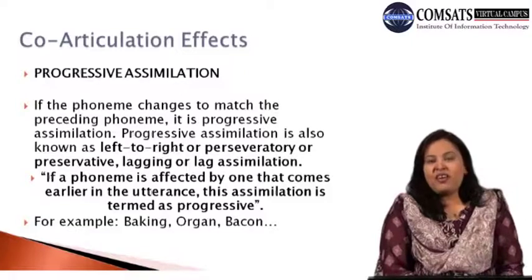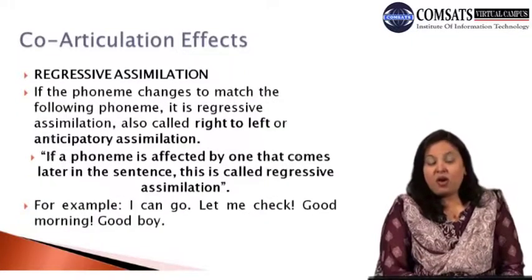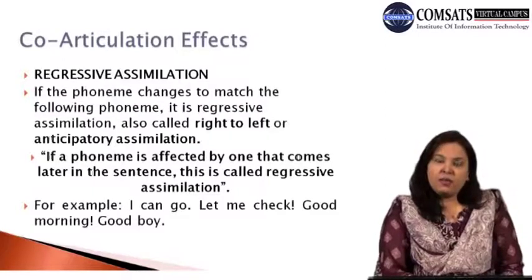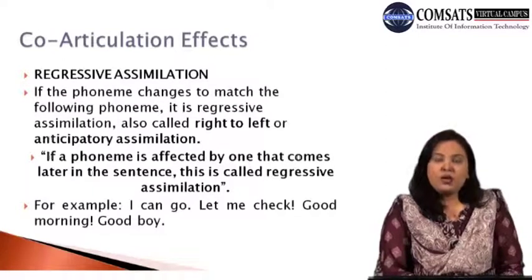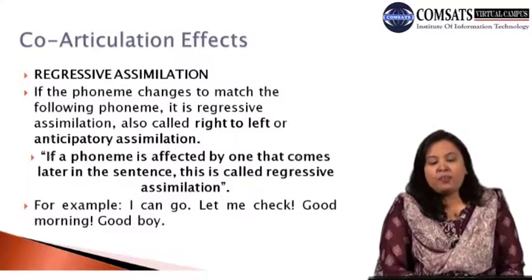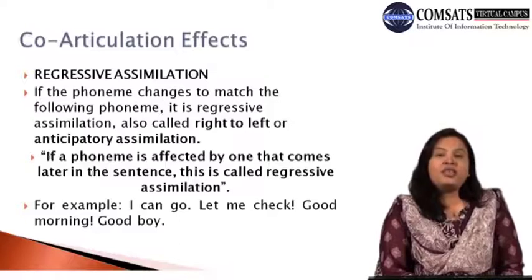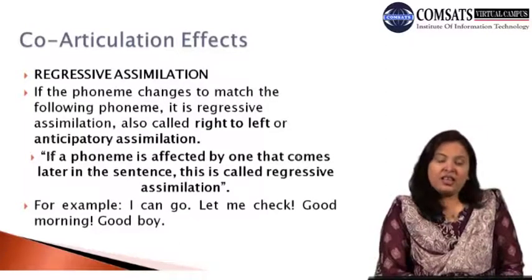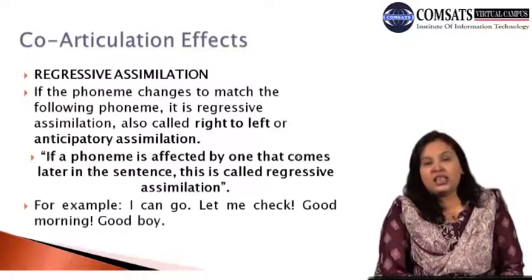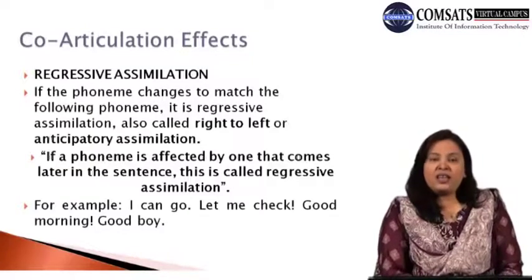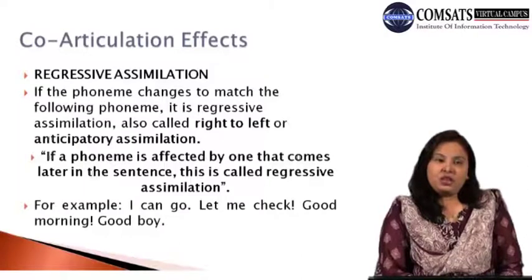Some people call it right to left assimilation, or sometimes it is known as anticipatory assimilation. In exact words, regressive assimilation is when a phoneme is affected by one that comes later in the sentence or in the sequence. This is called regressive assimilation.